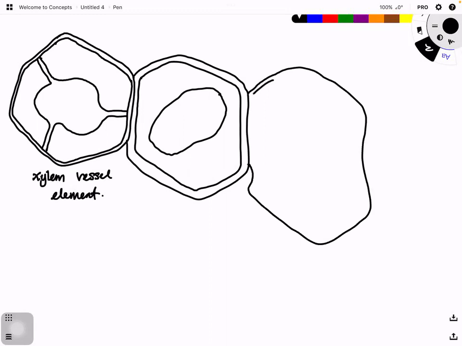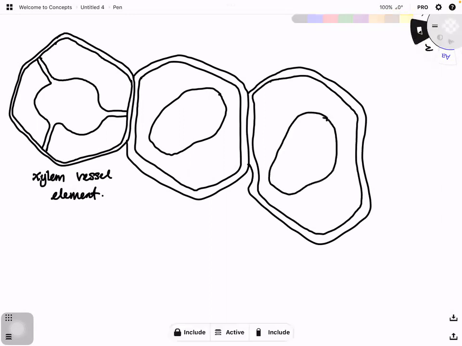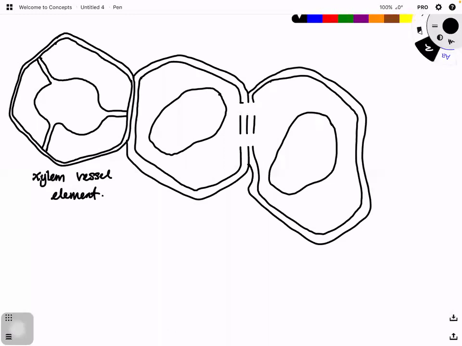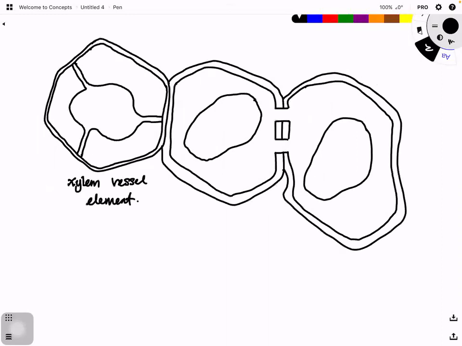So they are loosely packed. They also have the vacuole. So between two cells, they might have the plasmodesmata. So understand the structure of the plasmodesmata and also the pits. So let me label this is the pits. Okay, this one is the plasmodesma.